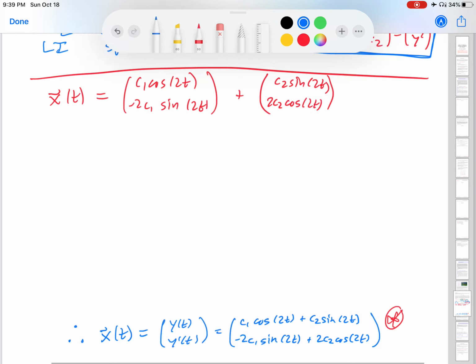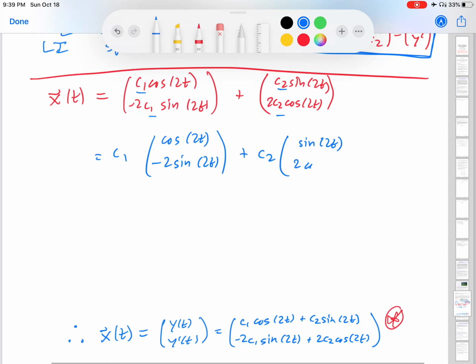Notice that in this first vector, both components have a c1, so I'm going to factor that out, and I get cosine of 2t and then minus 2 sine of 2t. And in this second vector, both components have a c2, so I will factor that out and be left with this.